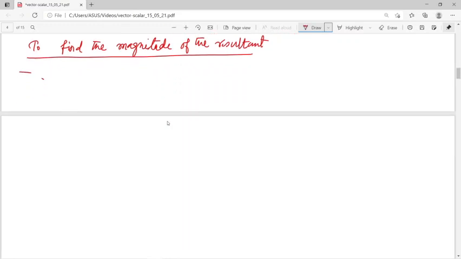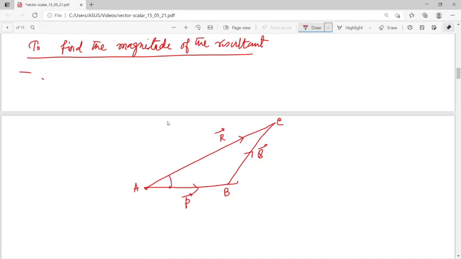So this is the corresponding triangle. Say this is represented by a vector p, this is represented by a vector q, and that, on the opposite side, is the resultant r. Say the triangle is A, B, C, and this angle is beta, and if we extend it, this is theta.